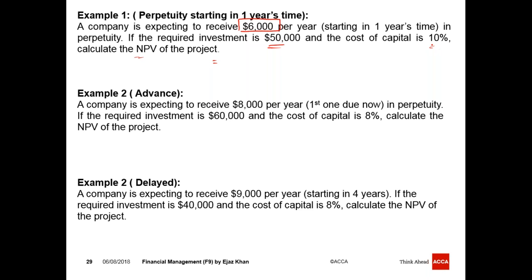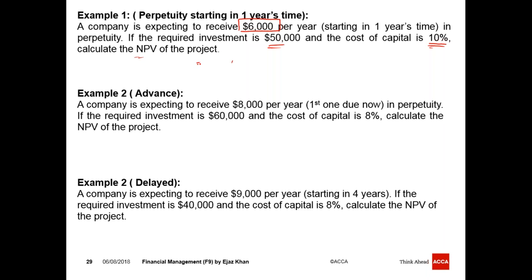Now, remember, the company needs to generate 10% return every year. So it will not invest any amount for this project which will result in a lower return than 10%. Now, if this company is receiving 6,000 every year, we need to find out what amount this company should invest at max to be sure that it generates at least 10% return.